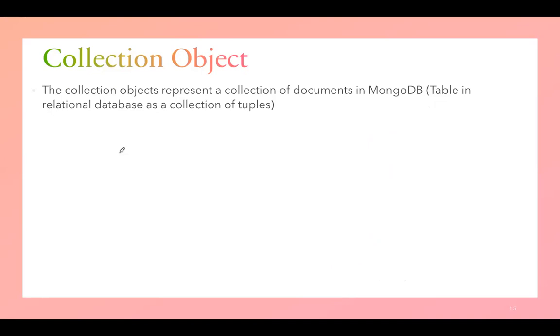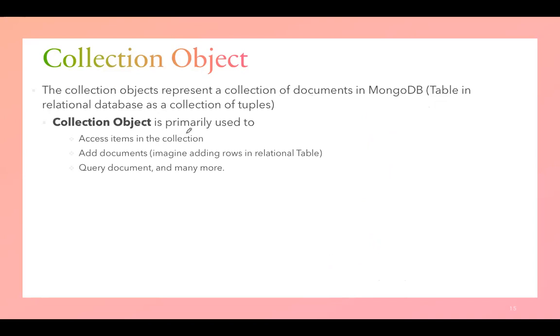The collection object represents a collection of documents, the same way a table represents a collection of rows or tuples. In MongoDB, the collection object is primarily used to access the items in the collection and add documents. This is important: if you need to insert a document, you need to use a collection object.